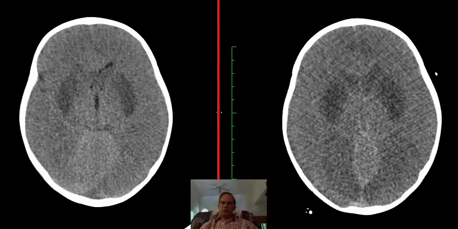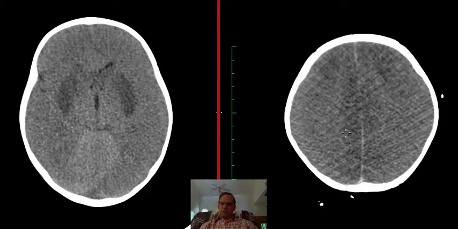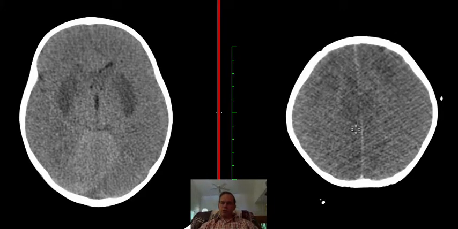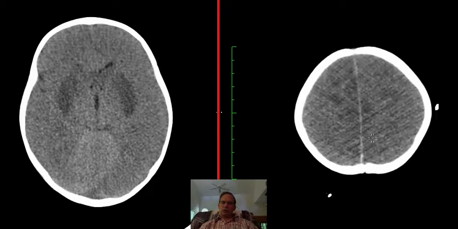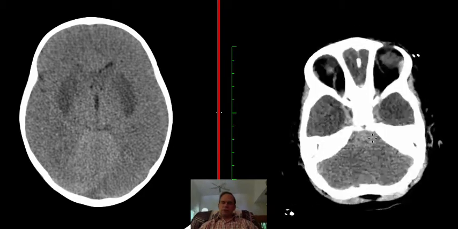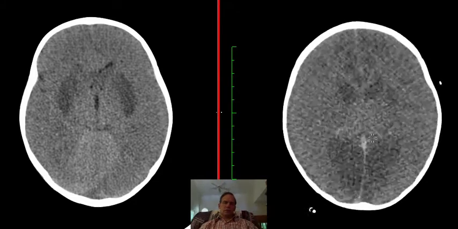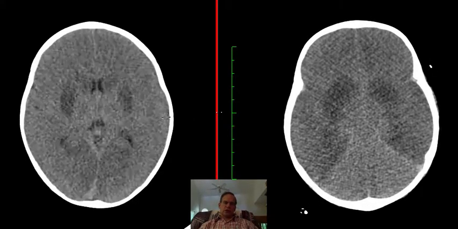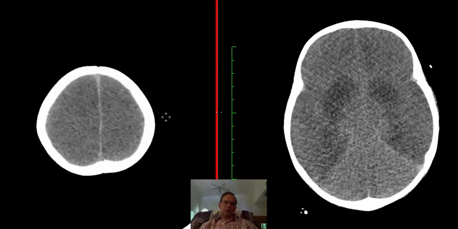If you look closely, however, you'll see that this area here appears relatively low attenuation, and I think that's real compared to this, but it's subtle, and there's a lot of beam hardening artifact, probably because of the speed of imaging required in this 3-year-old. And here you have more clearly anterior cerebral artery territory, areas of ischemia and early infarction that have progressed substantially from the study the day before.